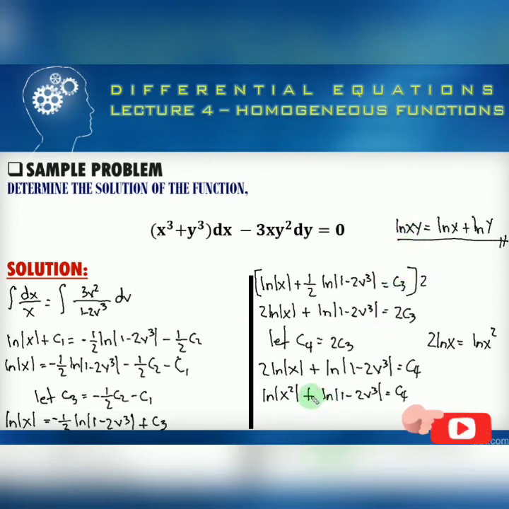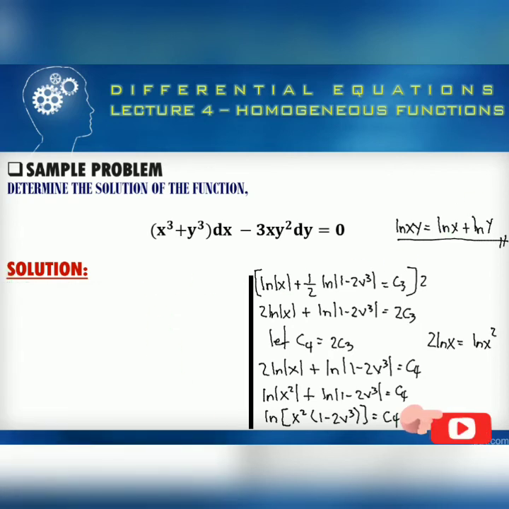So this is then equal now to ln of this quantity here, x squared times 1 minus 2b cubed, is equal now to c4. So proceeding, we will have then now this calculation here from this one.